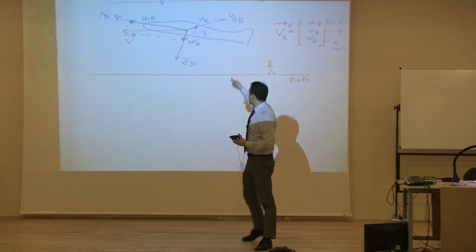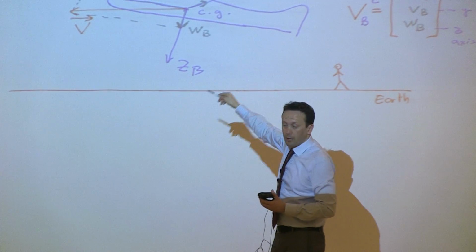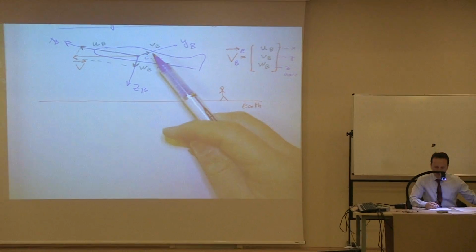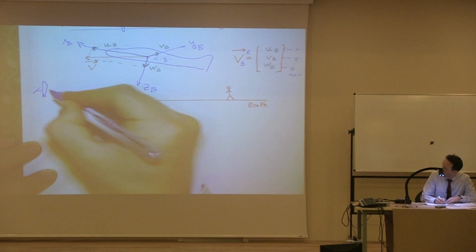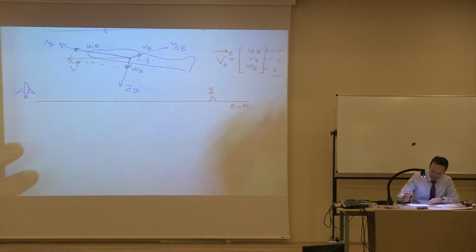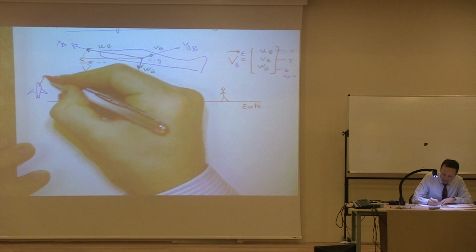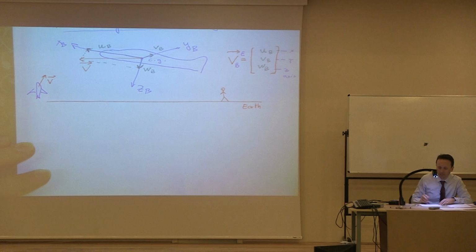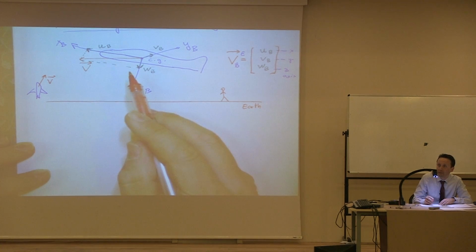So this velocity vector, it's a 3-dimensional picture, is a little bit to the side as well. If you look from the top and there's a VB, it means V is a little bit to the side. We just can't see it in this 2-dimensional picture.